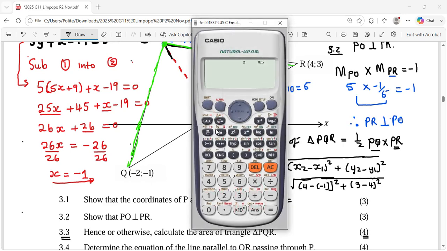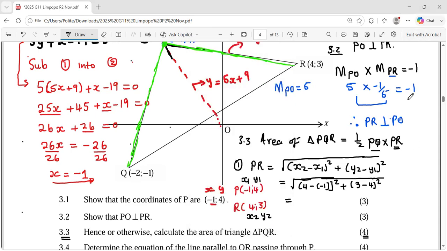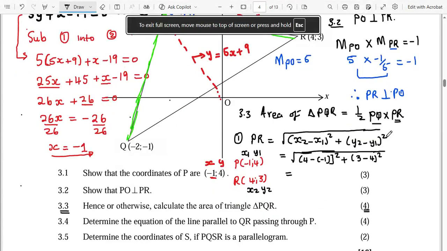This is the root of 4 minus minus 1. Close the bracket twice, please, and make sure you don't make a mistake on that one. And 3 minus 4. Don't forget to square. This is root 26. So PR will be root 26.